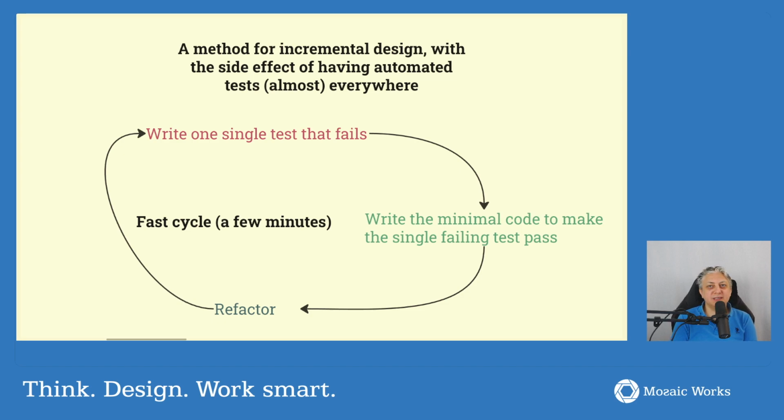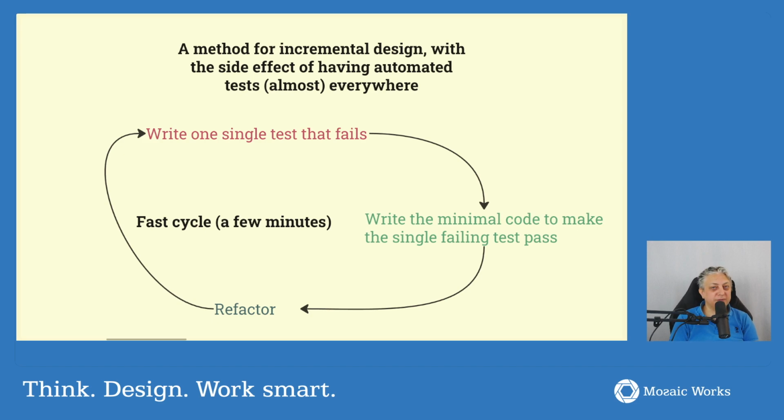It means to do design in small steps. So basically what you do when you are doing test-driven development, you take the larger problem. Let's say you have a user story. The user story has a few acceptance criteria. You pick one of the acceptance criteria and then you split it into even smaller steps.